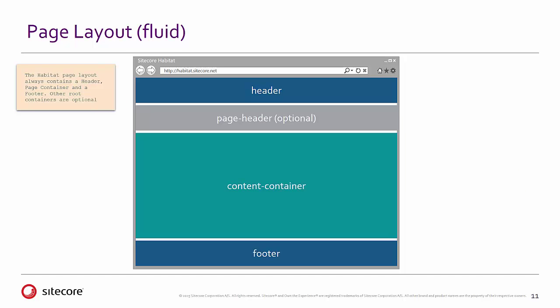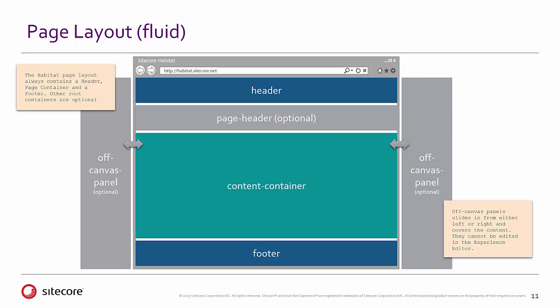So the general page layout is that we have 4 elements on the page, and we'll go through the 4 elements in the following slides. But it's a header, a page container, or the content, in the middle, and then a footer. The page header is optional and can be used for different aspects.